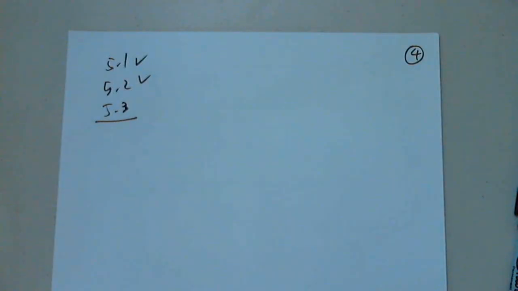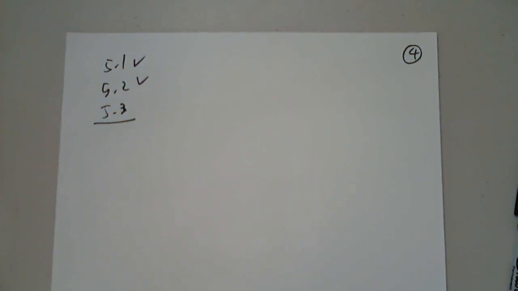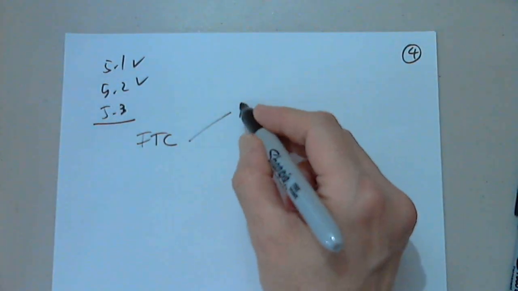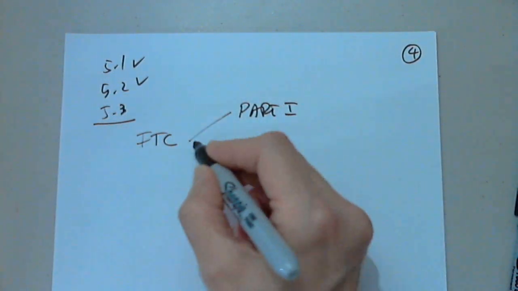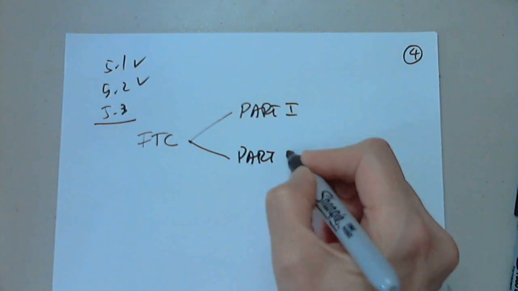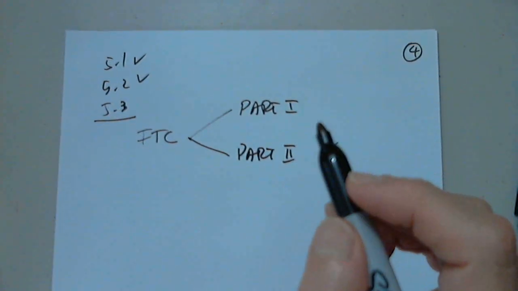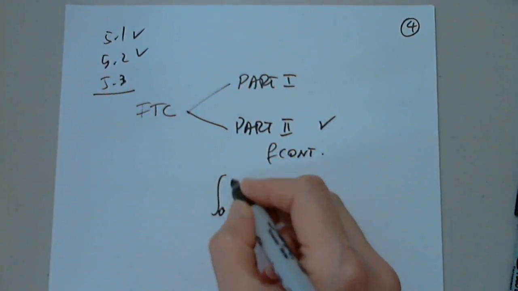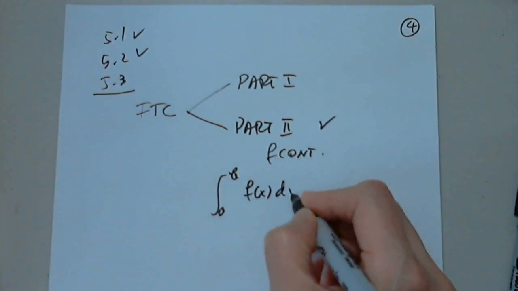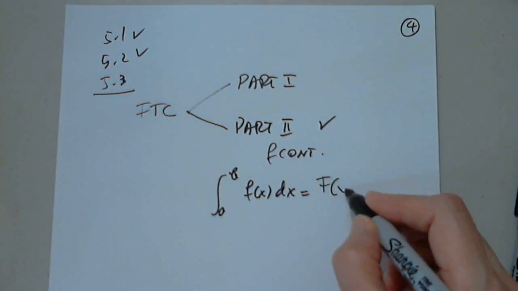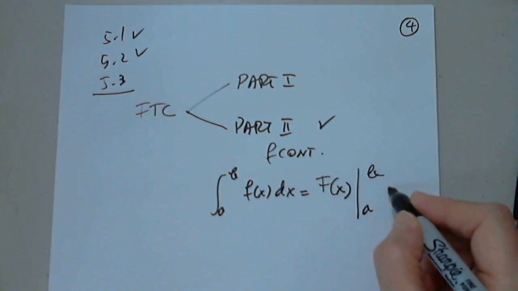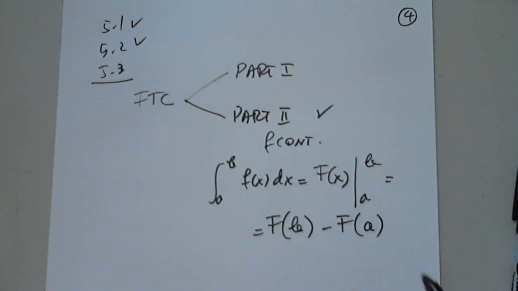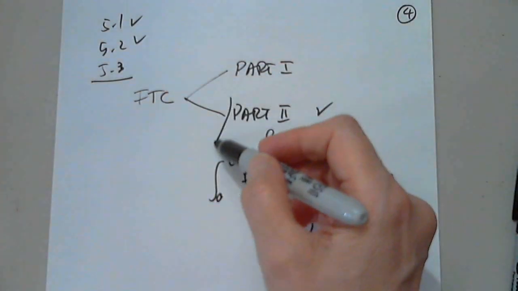In 5.3, we only need to go back to the fundamental theorem of calculus, part 1 and part 2. This was done. The function must be continuous, and then the integral from a to b of f of x dx is the antiderivative from a to b, which means uppercase F of b minus uppercase F of a. And this is part 2.